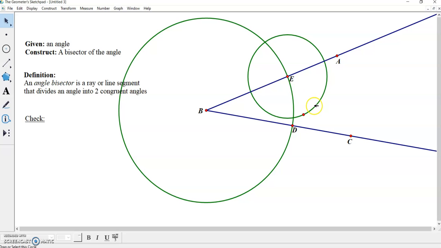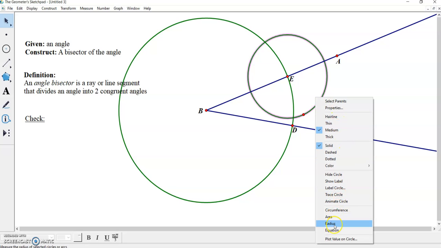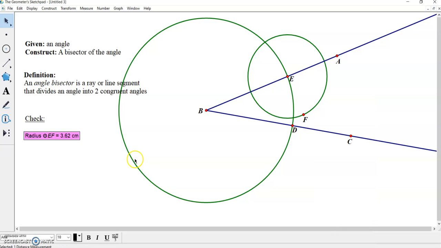So to do that, I first need to highlight the circle, right-click it, and find the radius of my circle centered at E. And that radius is 3.62 centimeters.